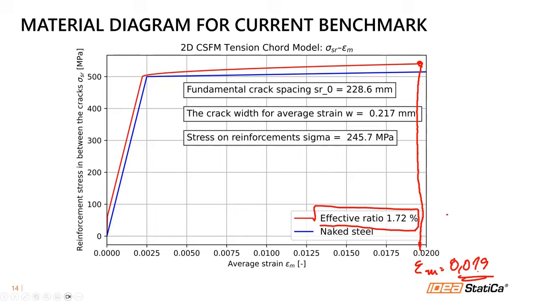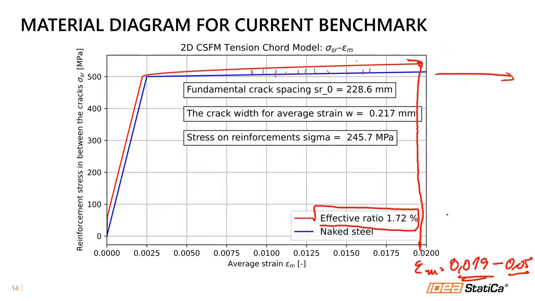So this is my maximal strain that is quite far away from the 5% plastic strain for the steel, because the steel is continuously going forward. And as you can see, here is this effect of the tension stiffening.